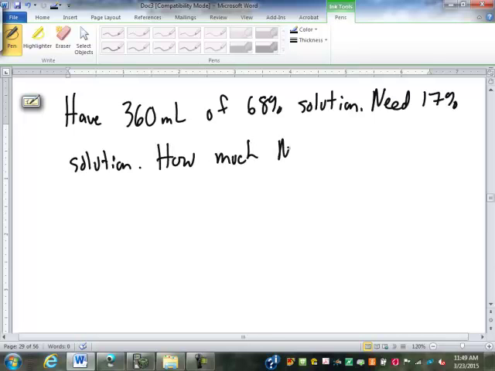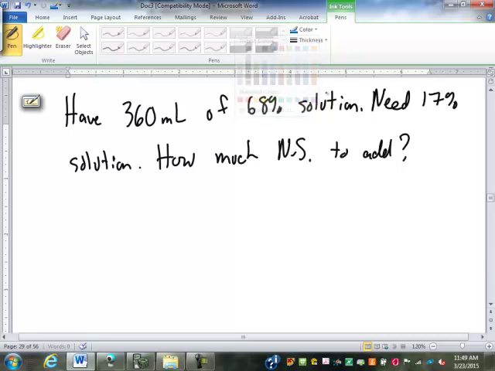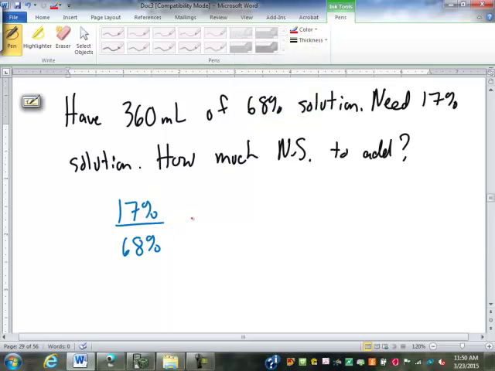How much sterile water do we add to dilute that down? So that's our question, how much sterile water to add? Well, the first thing we're going to do is look at our dilution, figure out what dilution is necessary. So again, we're diluting it down to a 17% from 68%. Both of those can be divided by 17 to reduce to a 1 in 4 dilution.